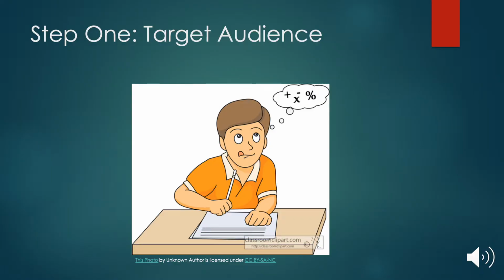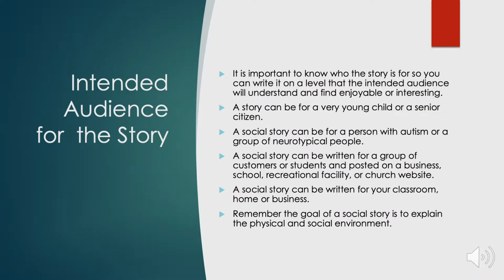Step 1, target audience. It is important to know who the story is for, so you can write it on a level that the intended audience will understand and find enjoyable or interesting. A story can be for a very young child or a senior citizen. It can be for a person with autism or a group of neurotypical people.